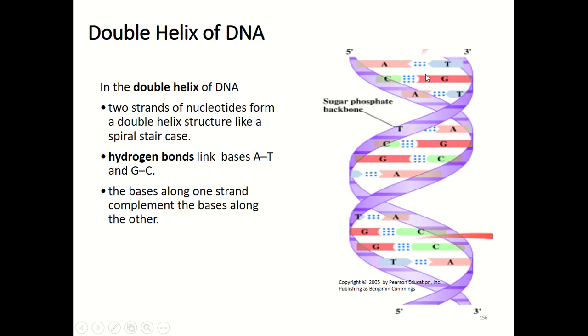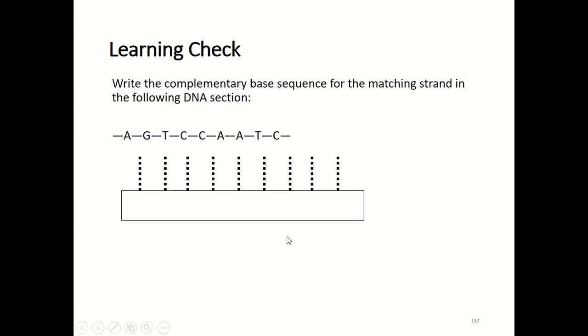Okay, 2, 3, 2, 3, 3, 3, and so on. And it will become a double strand, or double helix structure, of DNA. So let's try to complement base this one. So A will bond with T, G with C, T with A, and so on. So you read it as 5 to 3 prime, 5 to 3 prime. Okay, vice versa.